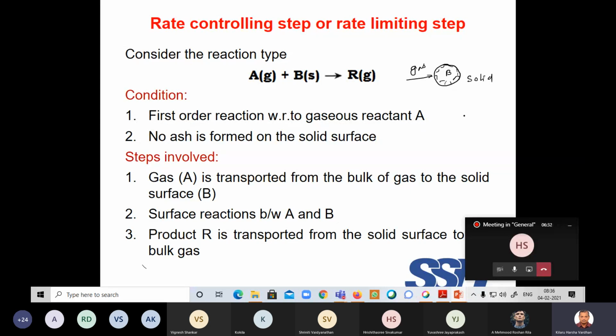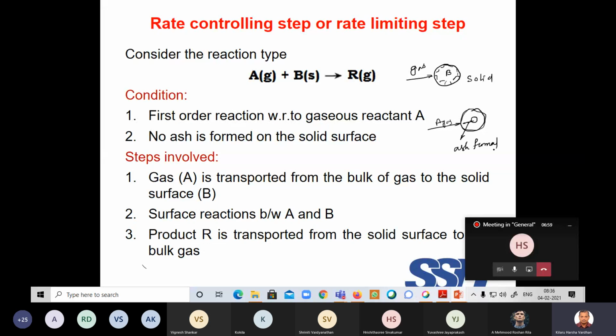Suppose there is ash formed, then what will happen is, this is the solid, this is the gas, this is the solid. So this is the outer core of the solid, and as it reacts, the core gets smaller. This is the inner core, and here there will be some ash formed.